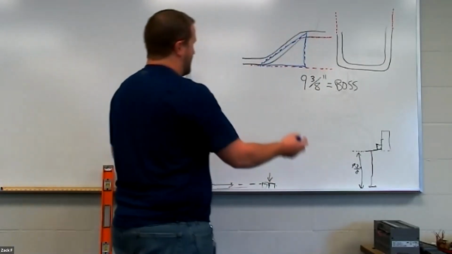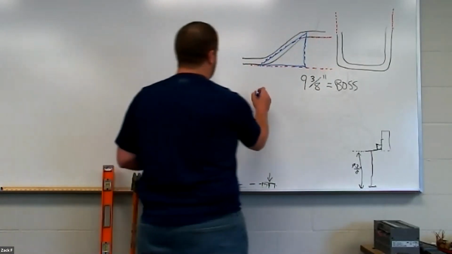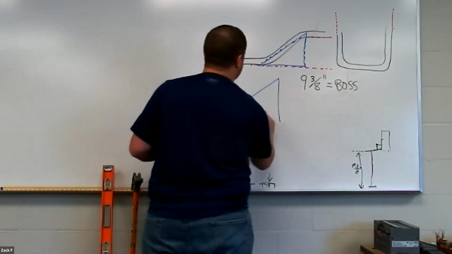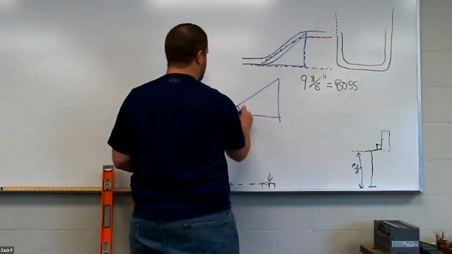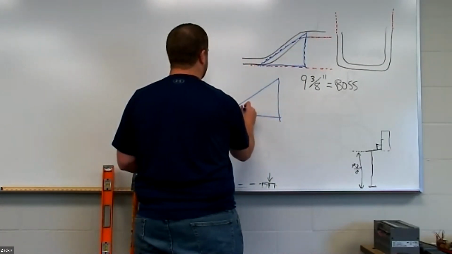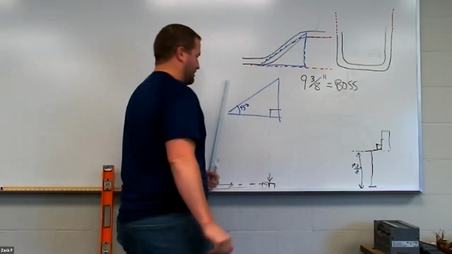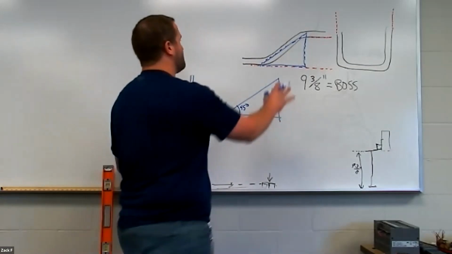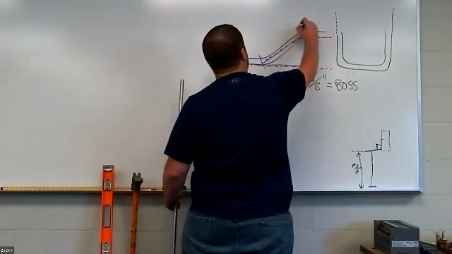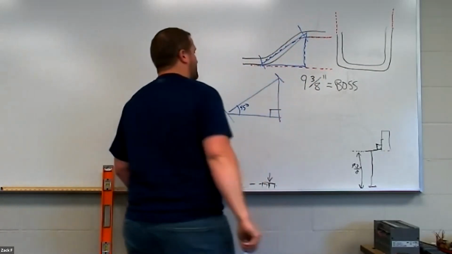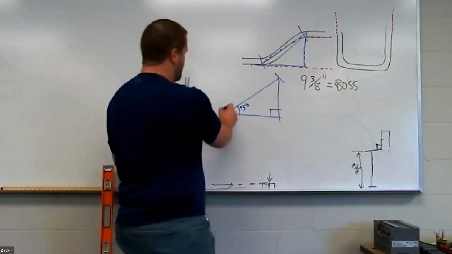All right, so in this case, I've got this triangle, and I said I was going to use 45s, right? Yes. Which means this is a 45. Here's your right angle. What I need to know for this pipe is where to have these marks. So on this triangle, what is this?